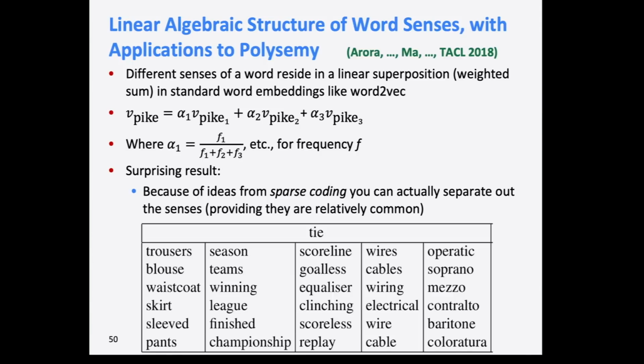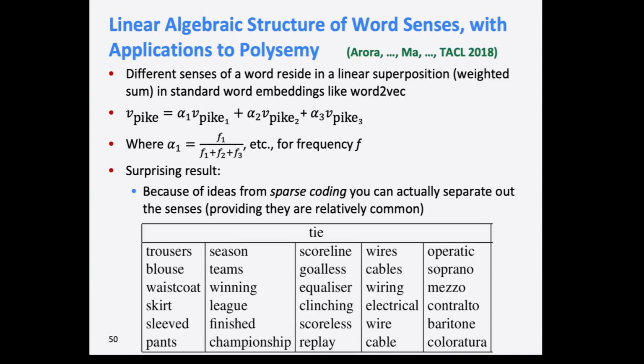And it turns out that there's this whole literature on sparse coding, compressed sensing, some of which is actually done by people in the stats department here, which shows that in these cases where you have sparse codes in these high-dimensional spaces, you can commonly reconstruct the components of a superposition, even though all you've done is this weighted average. And so this paper looks at how you can do this.